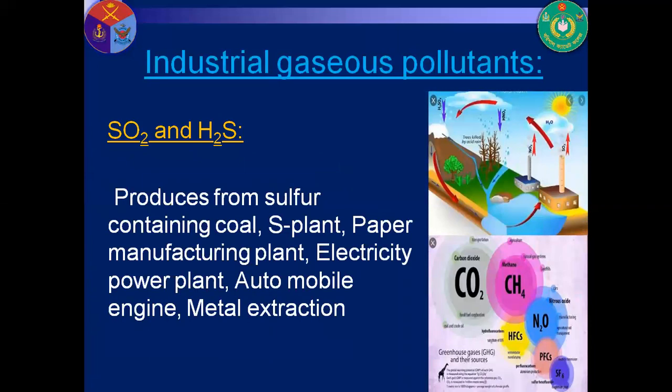Second type of gas, sulfur dioxide and hydrogen sulfide. These gases are produced from sulfur-containing coal, sulfur plants, paper manufacturing industry, sulfur gas used in the deheating process, electrical power plants, automobile engines, and metal extraction.